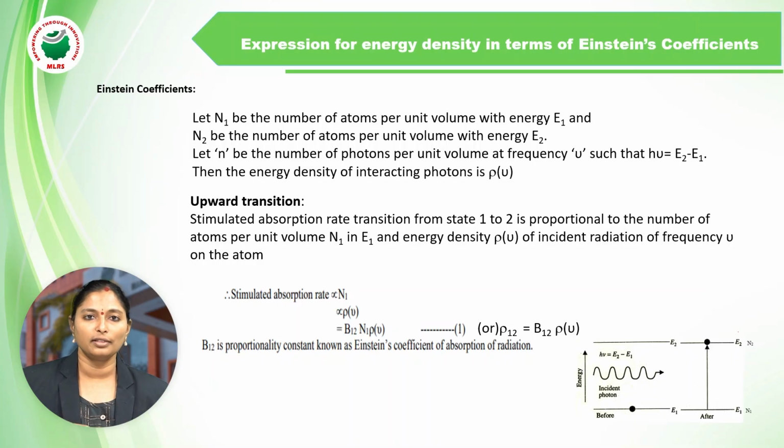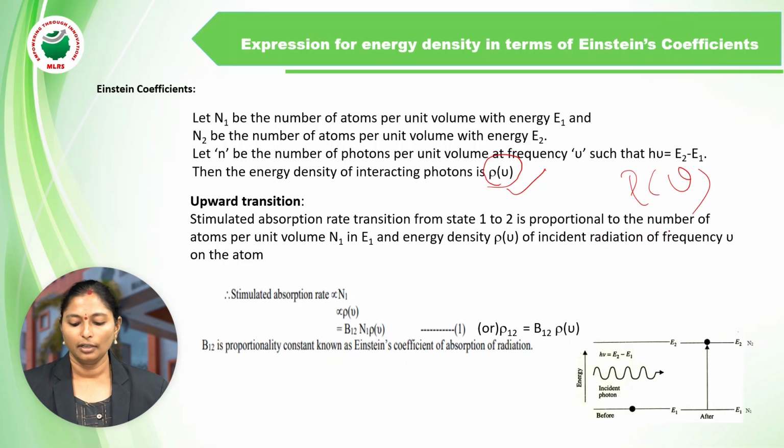That's why we call these upward and downward transitions. The incident photon energy we are going to call the energy density, and we represent this energy density as rho nu.